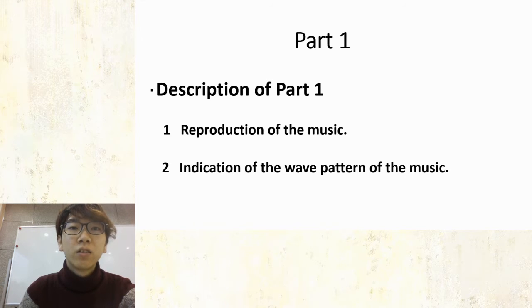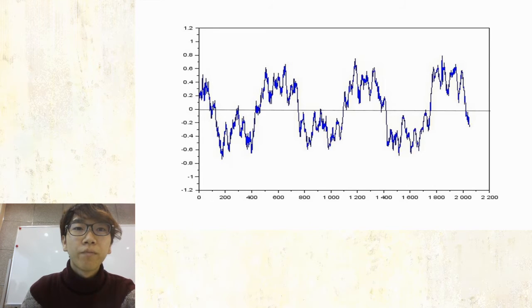Then please see the wave pattern, which displays the music. It is the wave pattern of the music that this graph shows. The x-axis expresses time of this graph. The y-axis expresses amplitude of this graph.